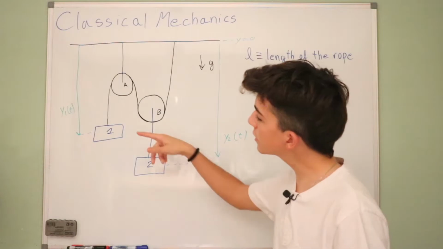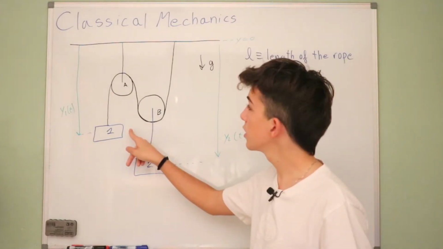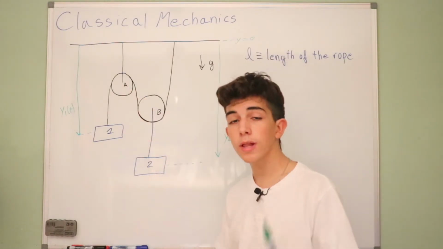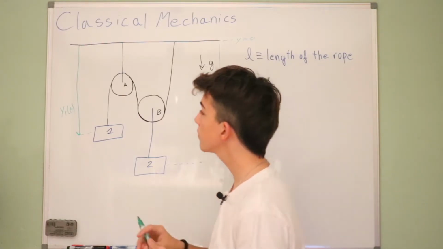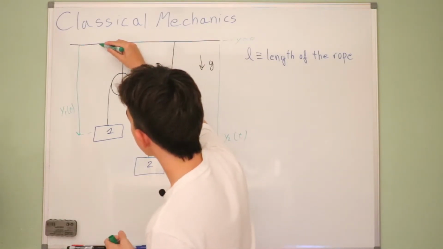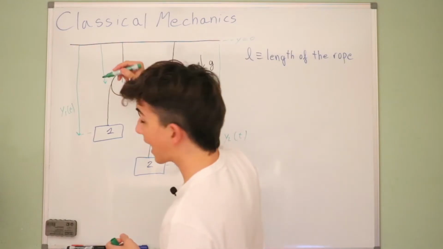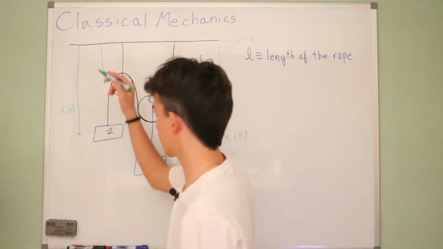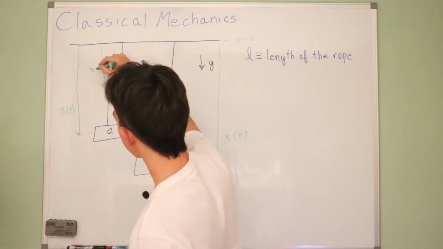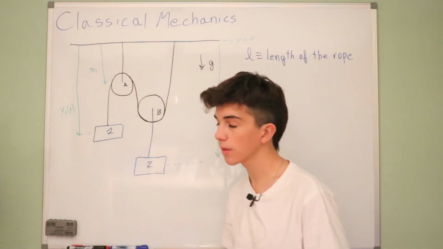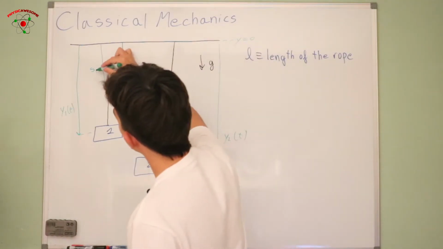Then we see that the string goes from 1 to the pulley A. So our relevant piece of information will be this distance that we'll call S, because it's constant. So it will be S1, or better, SA.